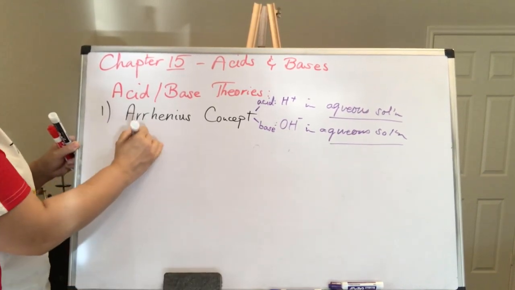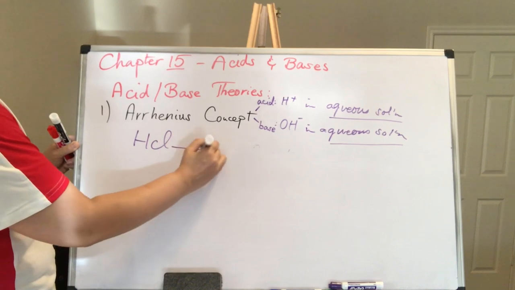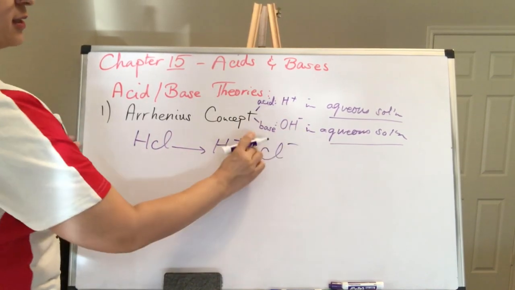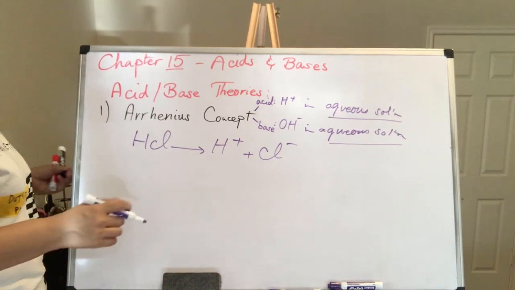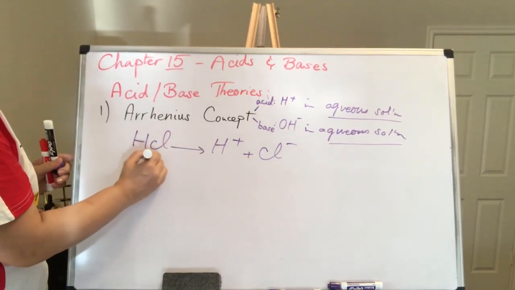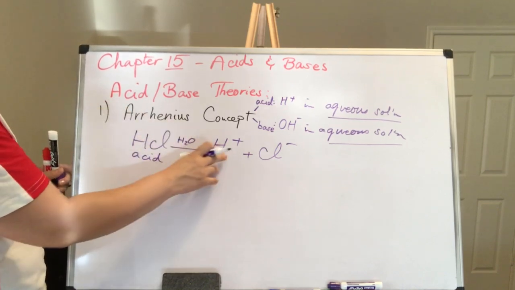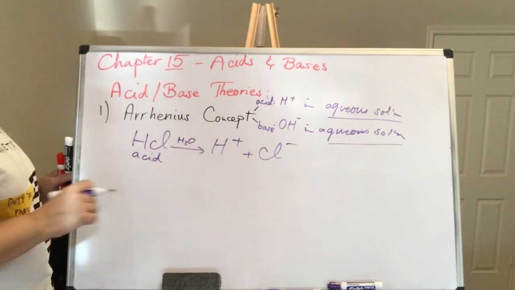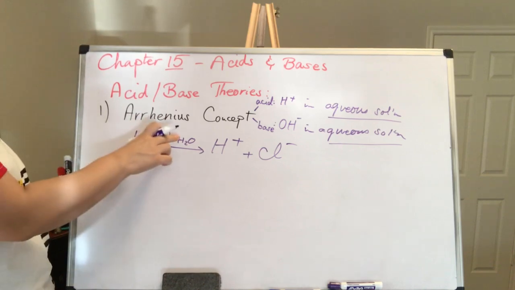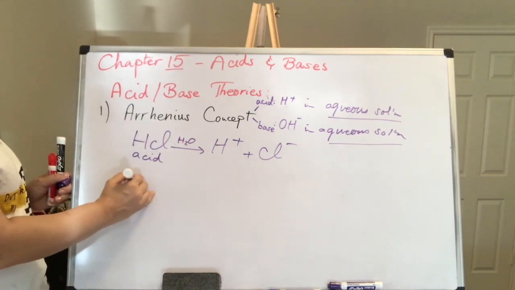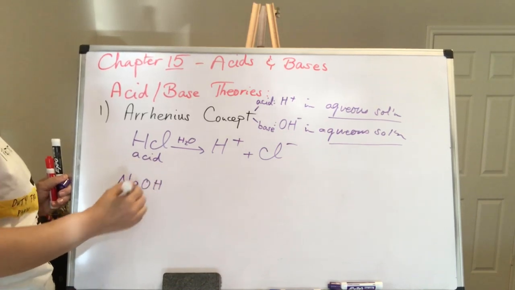let's say HCl changes to H and Cl, hydrogen ion and chloride ion. So this is an acid because, if we have it in the water solution, it releases hydrogen ion in the aqueous solution. Or NaOH, which you will find in the soap.